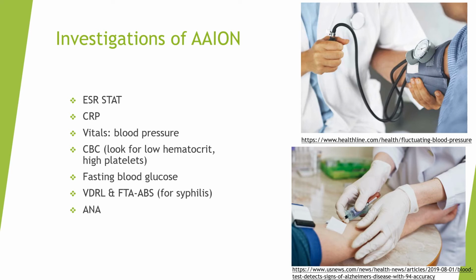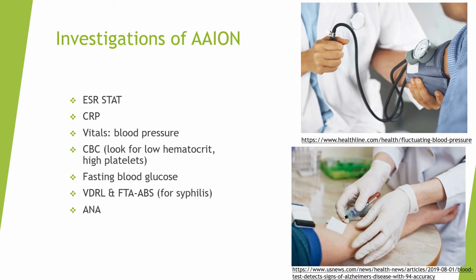If you're suspicious that the patient has AAION, ESR and the CRP is crucial. We should investigate those two markers as soon as possible. In terms of vitals, we can take blood pressure. That's especially important.